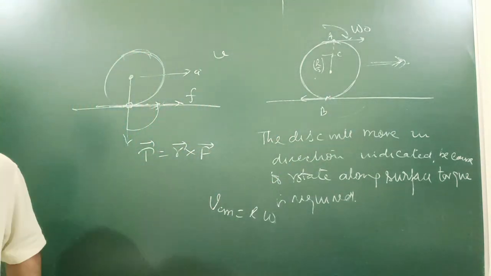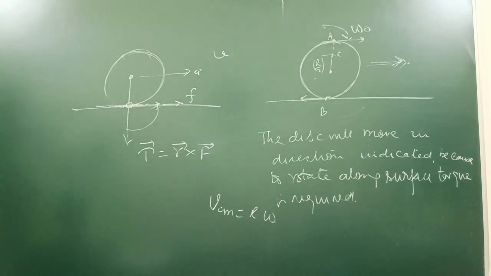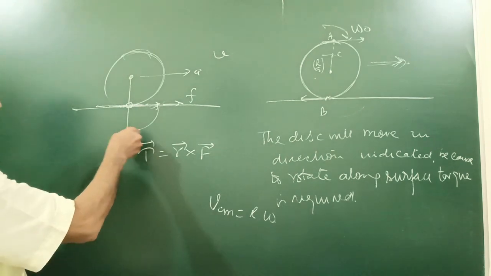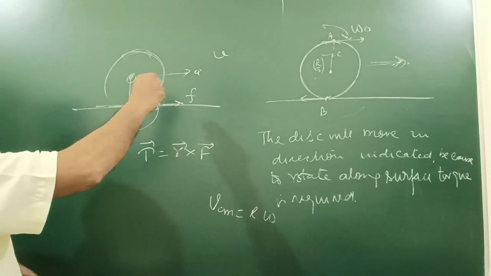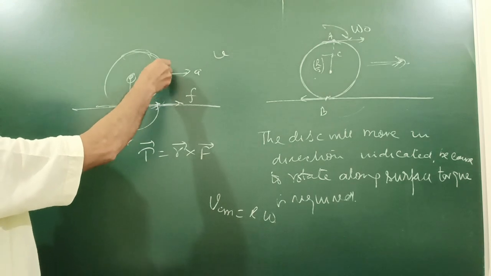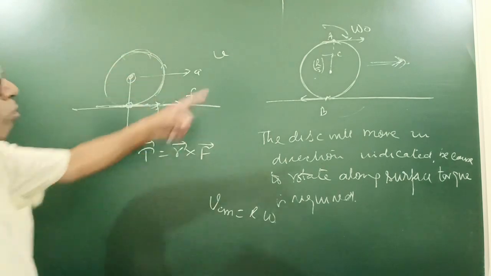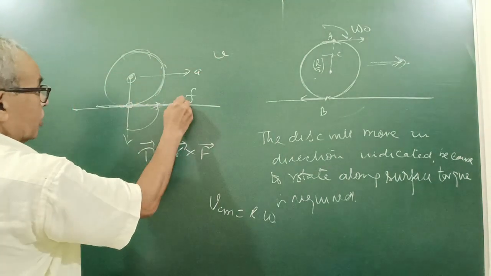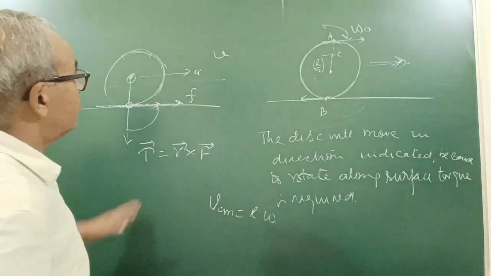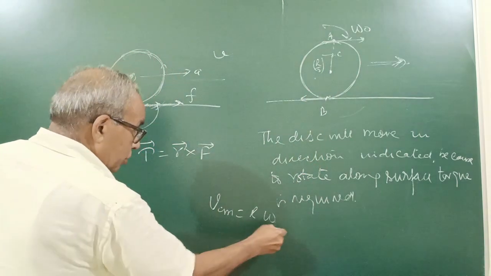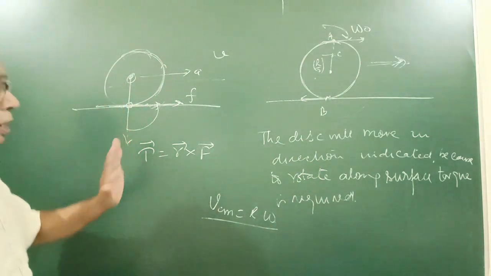Then perfect rolling begins. So the torque will be outward, R cross F. It produces angular acceleration in the direction that retards the angular velocity, and this force of friction accelerates the disc forward, increasing linear velocity and decreasing omega. When this condition is achieved, perfect rolling begins.